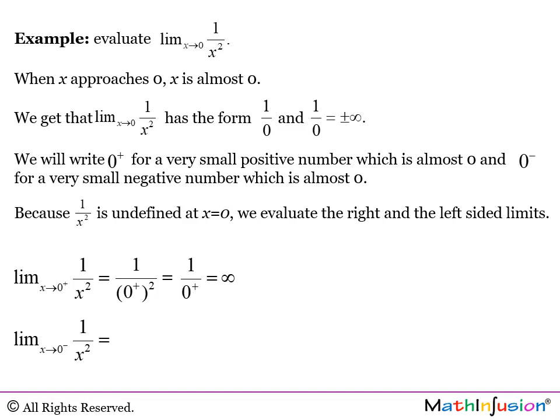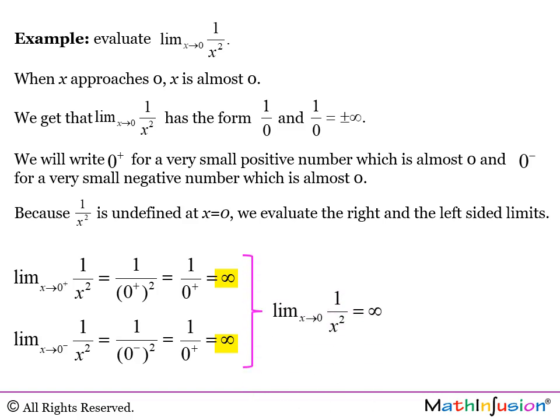At 0 minus, when we square the 0 minus, we get a 0 plus, and we get infinity again. You can see that both limits are infinity, and we can conclude that the limit of 1 over x to the power of 2 when x approaches 0 is infinity.